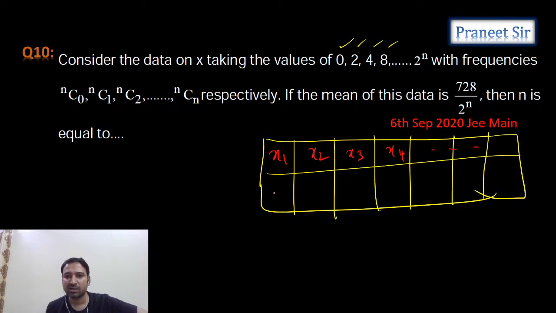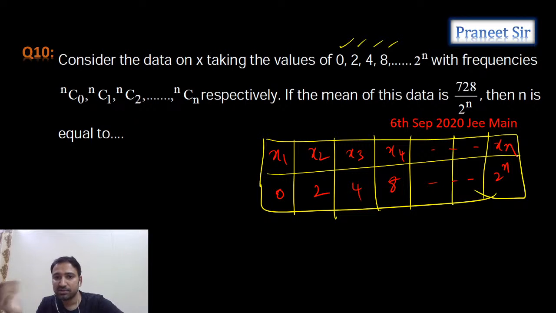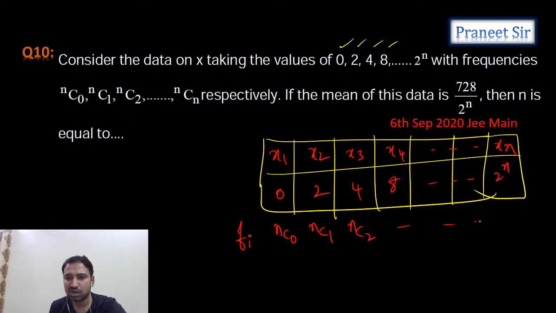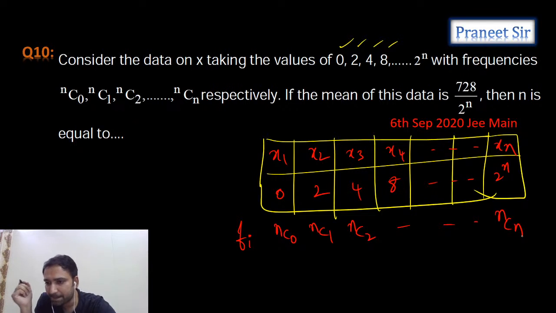For these, the corresponding frequencies are given as NC0, NC1, NC2, and so on up to NCN.